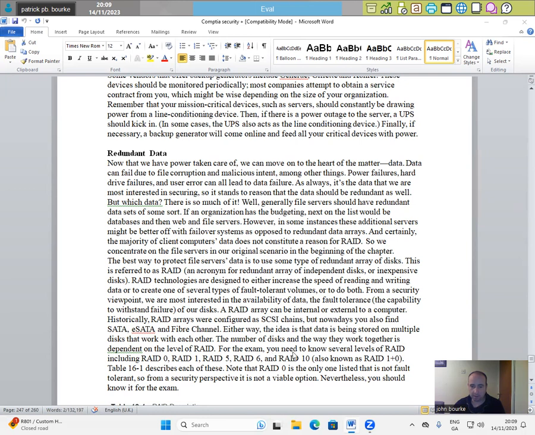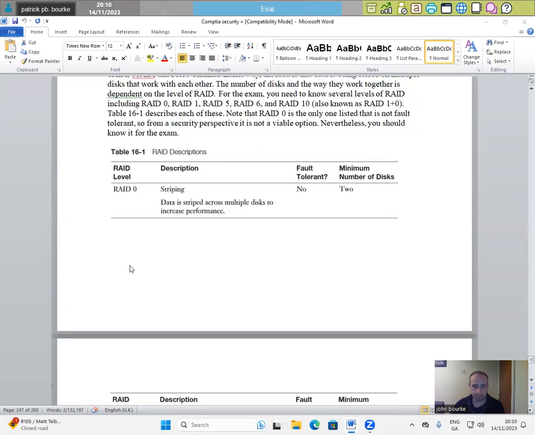For the exam, you need to know several levels of RAID, including RAID 0, RAID 1, RAID 5, RAID 6, and RAID 10, also known as RAID 1 plus 0. Table 16.1 describes each of these. Note that RAID 0 is the only one listed that is not fault tolerant, so from a security perspective, it is not a viable option. Nevertheless, you should know it for the exam.